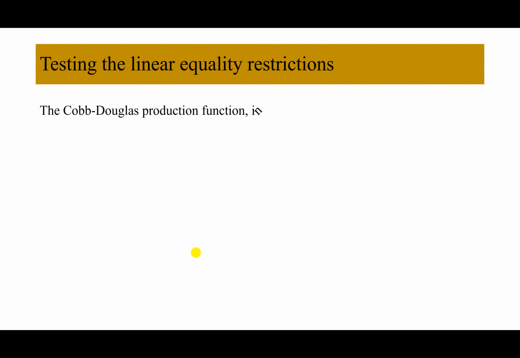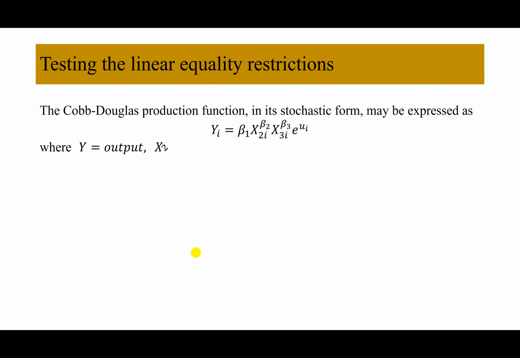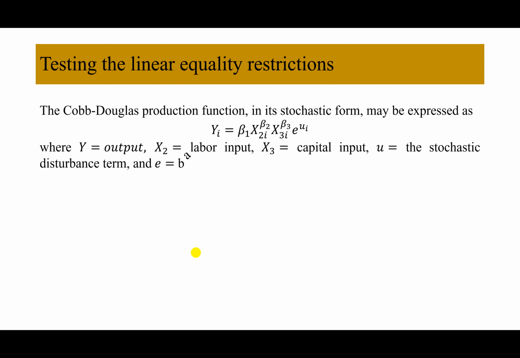The Cobb-Douglas production function in its stochastic form may be expressed as follows: y_i equals beta 1 x2i to the power beta 2 x3i to the power beta 3 e to the power u_i, where, as we have already learned, y represents output, x2 represents labor input, x3 represents capital input, u represents the stochastic disturbance term, and e represents the base of the natural logarithm.